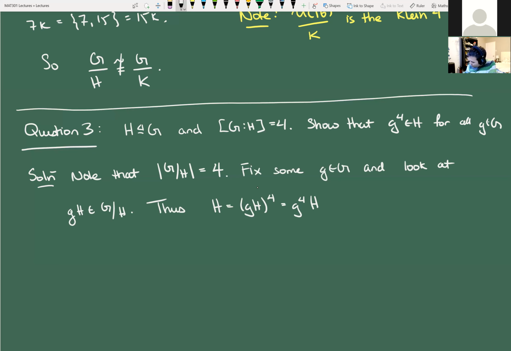And if you look at this, what is the only way that this is true? Well, g to the 4 has to be in H. And that's what we wanted to show. So we're done. Right, and again, you can see there's nothing special about the number 4 there.